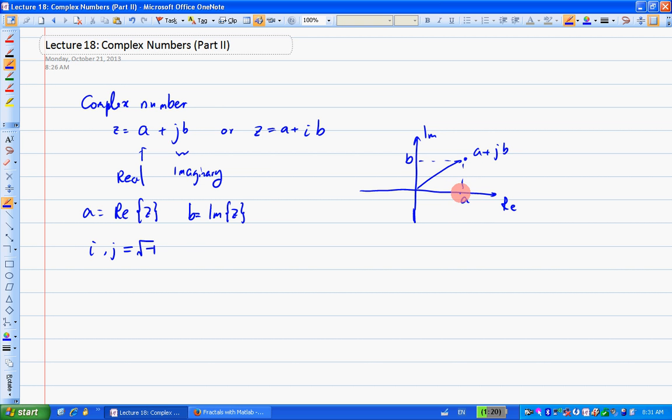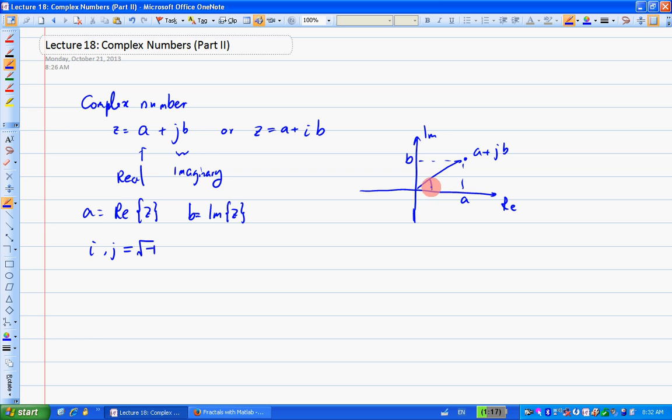To describe a complex number in the complex plane, we draw a real axis, we draw an imaginary axis, and then you find the corresponding component, the real part and then the imaginary part, and then figure out the location of this complex number. It's like drawing a vector.